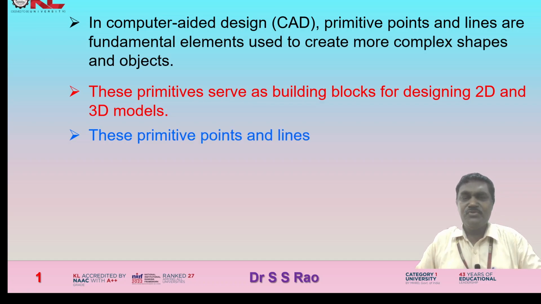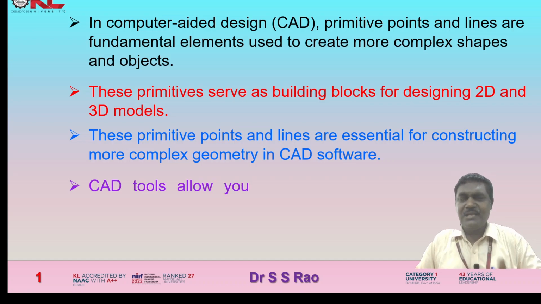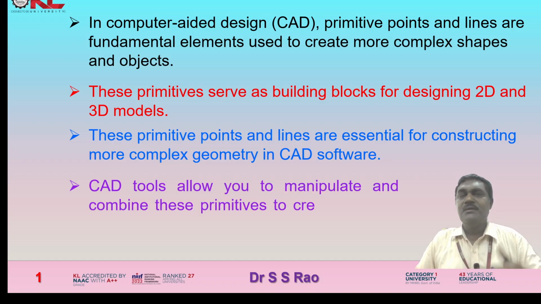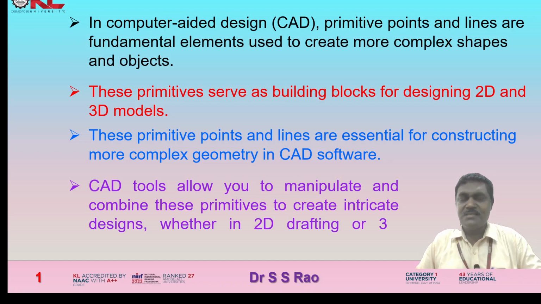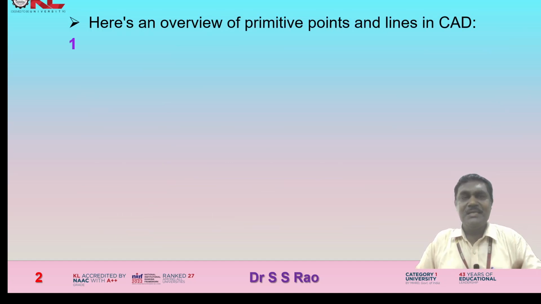They are essential for constructing more complex geometry in CAD software. CAD tools allow you to manipulate and combine these primitives to create intricate designs, whether in two-dimensional drafting or three-dimensional modeling. So here is an overview of primitive points and lines in CAD.